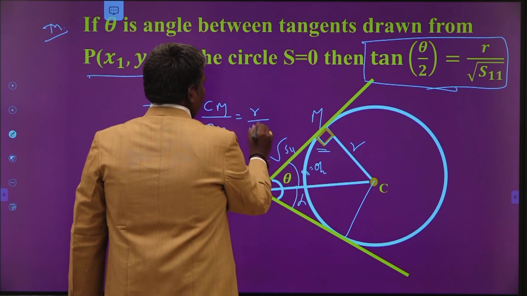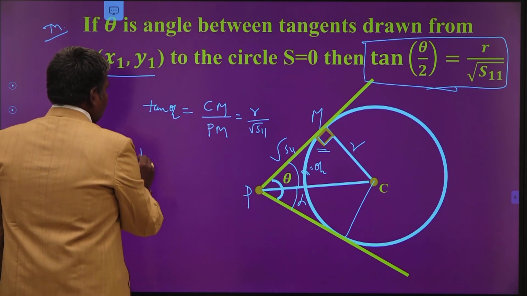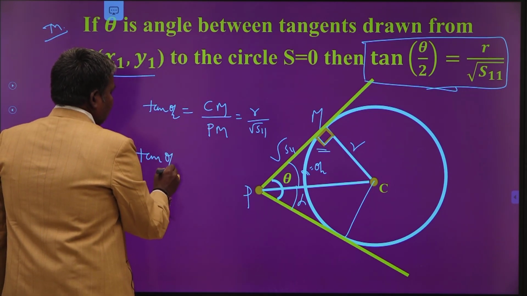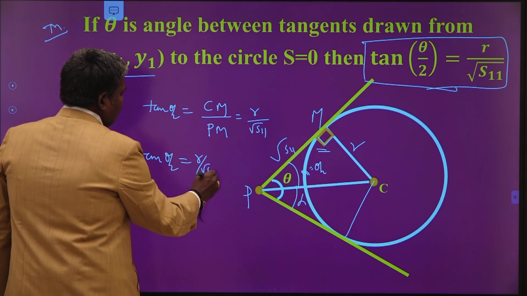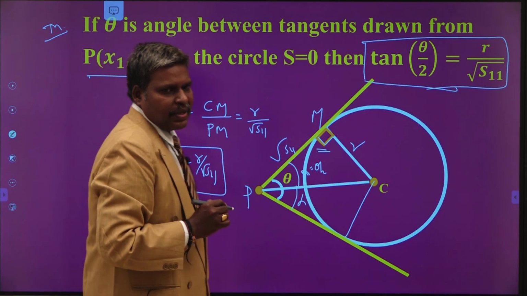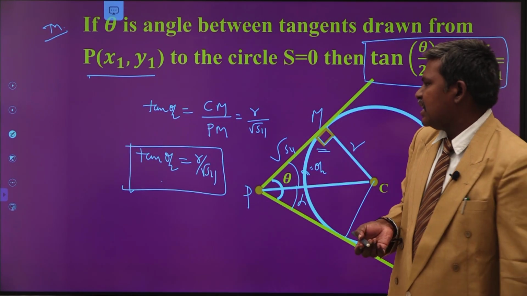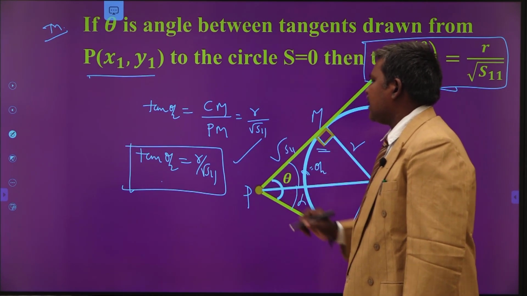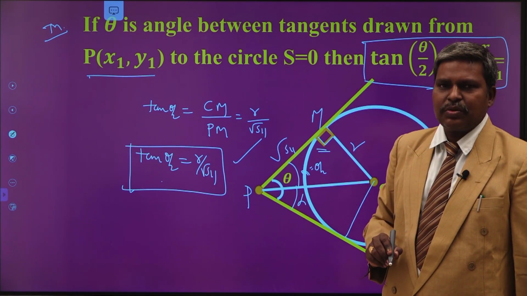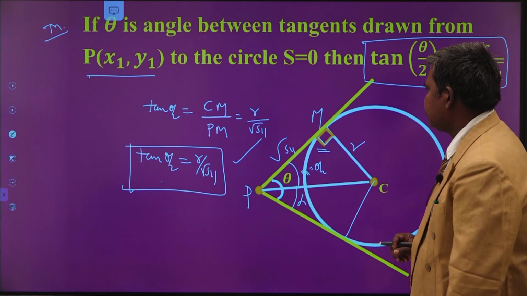This is root S11. R by root S11. Very simple theorem. So tan(theta/2) = r/root S11. If theta is the angle between the pair of tangents drawn from your point P (x1, y1) to the circle S = 0, then immediately we can prove that tan(theta/2) = r/root S11 from the figure itself. Understand?